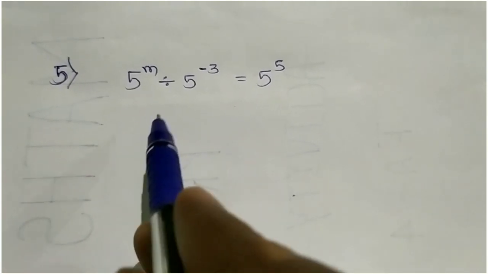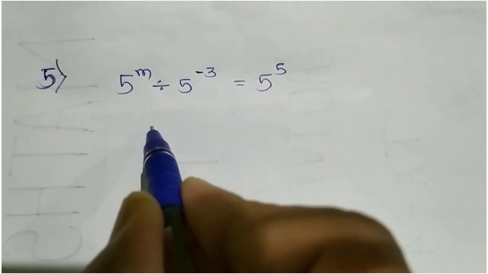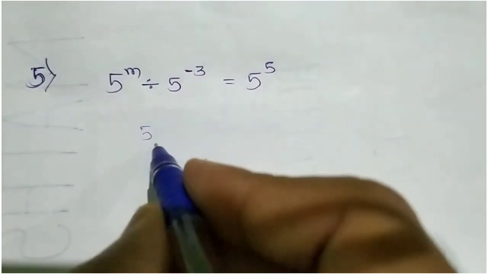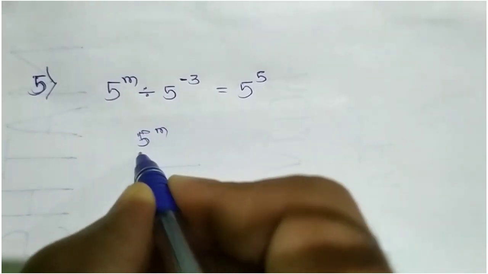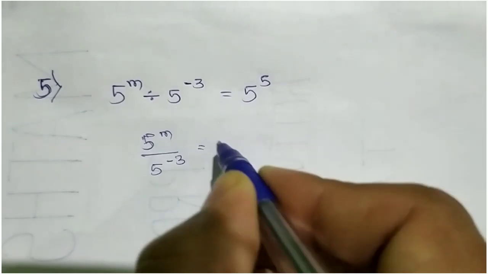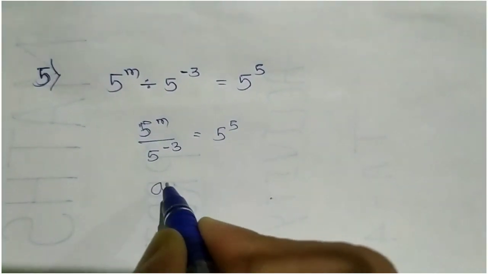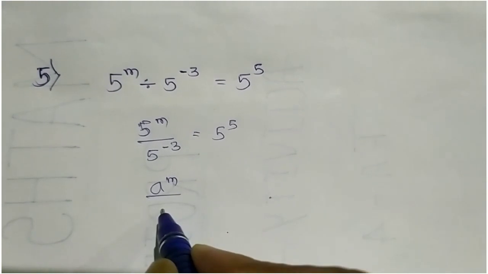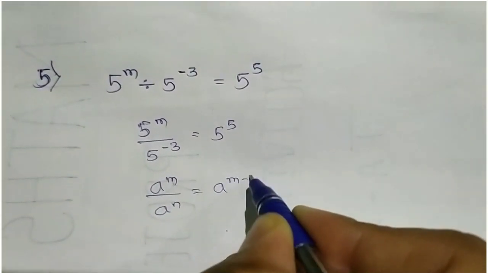Now in the fifth question, we have to find the value of m. So rewriting the given problem as 5 power m divided by 5 power minus 3 equal to 5 power 5. Okay, using the identity a power m divided by a power n gives us a power m minus n.